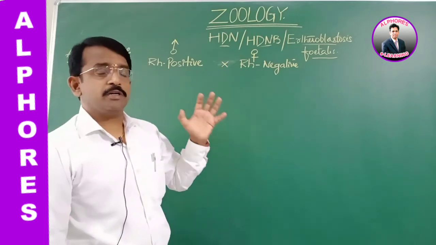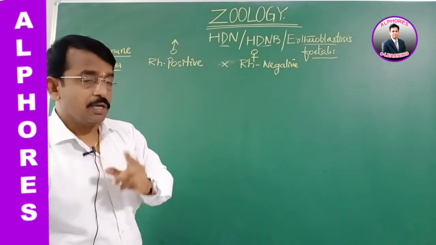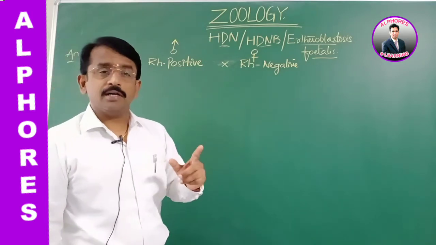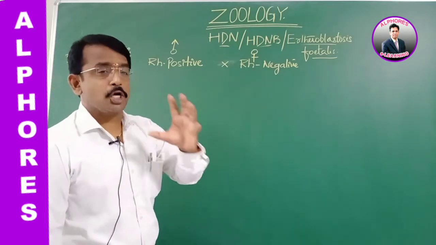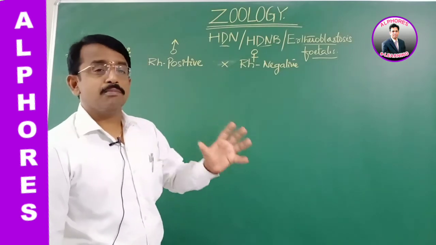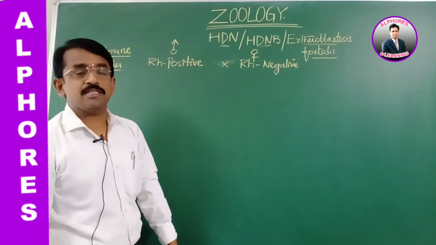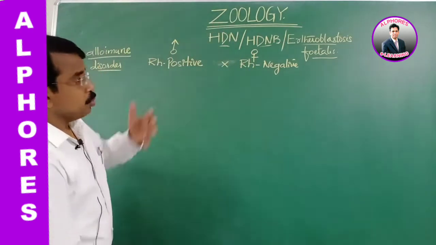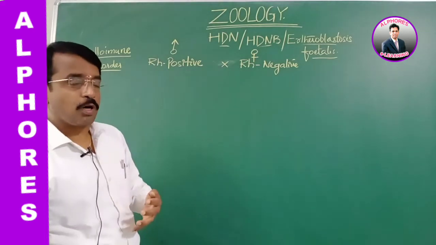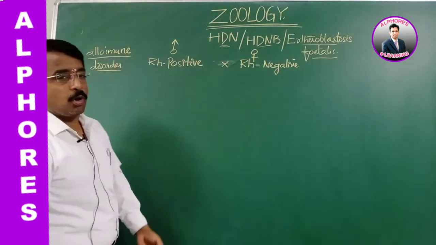Rh positive and Rh negative are phenotypically normal, but during blood transfusion and pregnancy, it shows genetic incompatibility, with abnormal consequences that result in HDN, that is in the fetus. How, now we'll see. In this connection, what I am saying is, it is an alloimmune disorder.